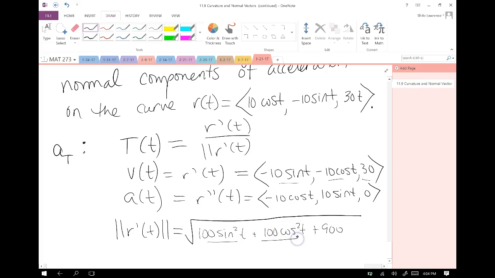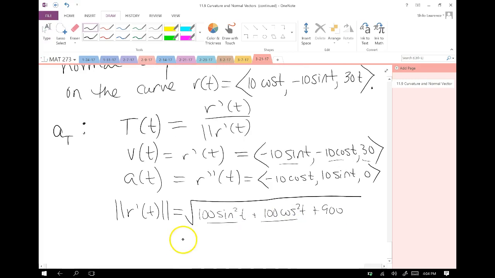And if we factor the 100 out, we'll have a trig identity. And this will end up being 100 plus 900. And we get the square root of 1,000 for our magnitude of r prime of t.